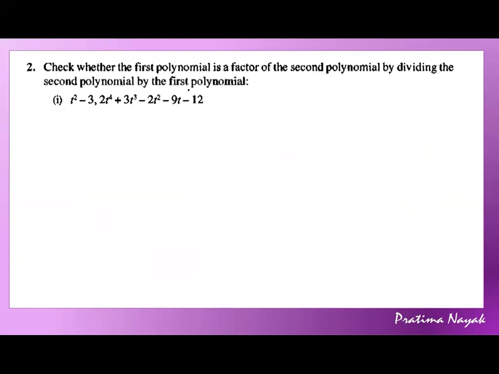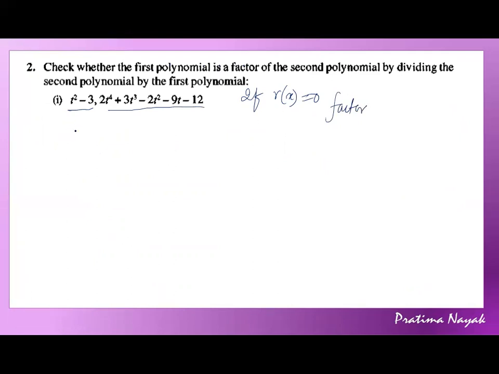Next is question number 2. Check whether the first polynomial is a factor of the second polynomial or not. How to check? If remainder is 0, then it is a factor.